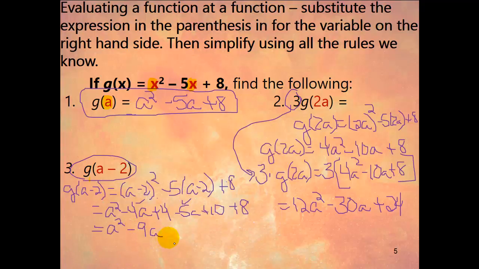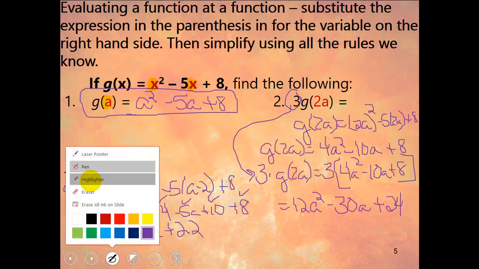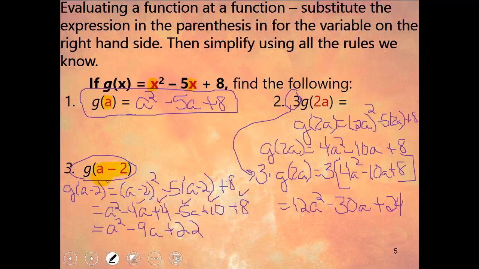Then I have 4 plus 10 is 14, plus 8 is plus 22. And there's my simplified version. The whole trick is wherever there is an x on the right-hand side, you're going to substitute whatever's between the parentheses. So here's what I plugged in, a minus 2. Okay.